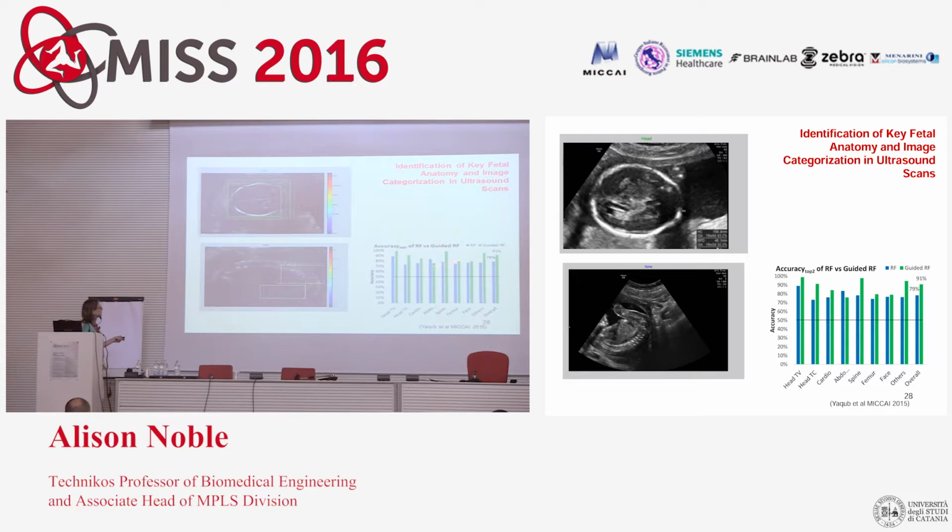And as you probably expect, there is a boosting effect on certain structures. Here particularly, there are two head views that look similar, and when you use the guidance, that helps to separate them. And also here, the spine detection is much better because it gets less confused with the femur.